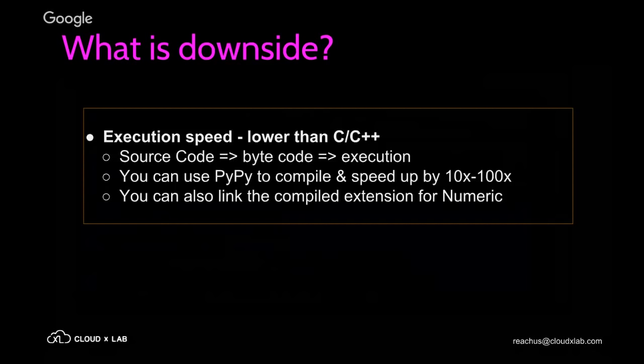Most of the scikit-learn library, for example, the machine learning library that we are going to use in Python, most of it is written in PyPy. Okay, so you can also link the compiled extension for numeric. All right. NumPy, for example, underneath most of its components are written in C++ and are being used in Python. So most of the heavyweight lifting is done using these low-level languages.